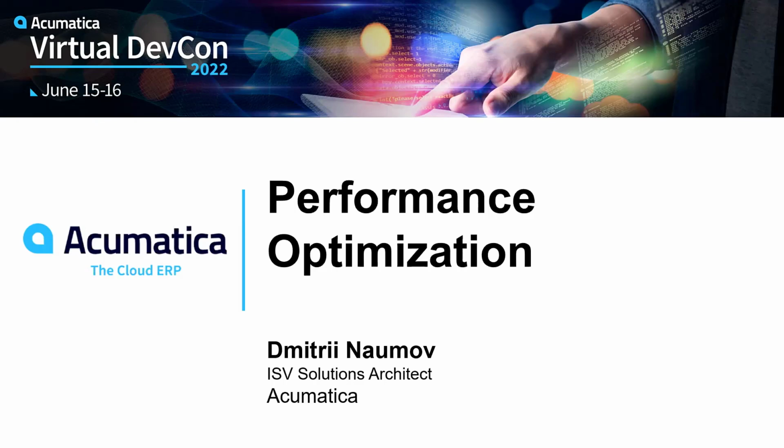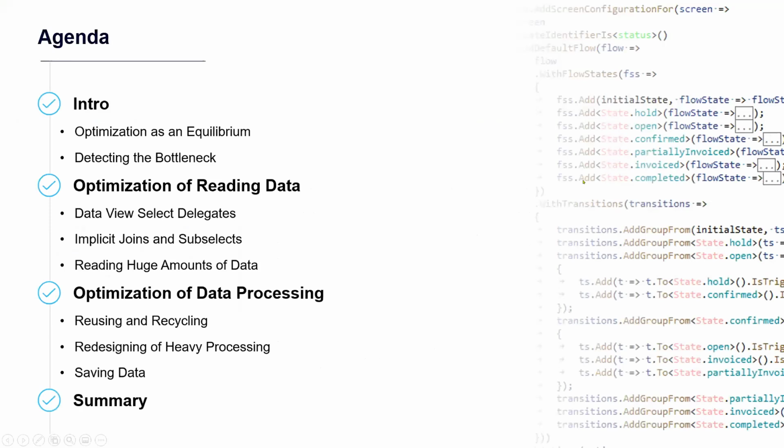So our agenda for today is just a quick intro. We will talk about performance optimization and the other side of performance optimization, the downsides of over-optimizing your code. Then we'll take a look at how to detect the bottleneck and what tools you can use to do that.